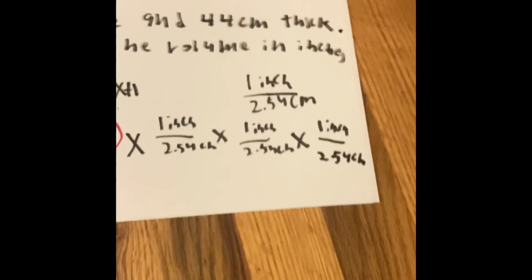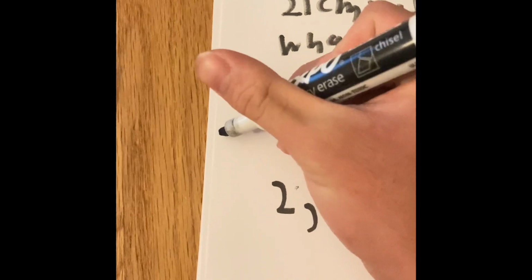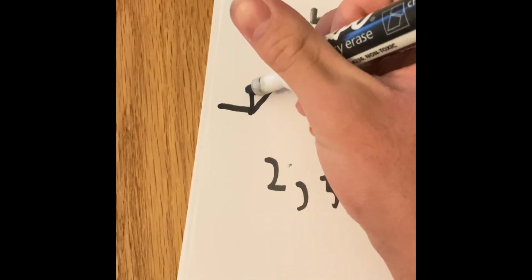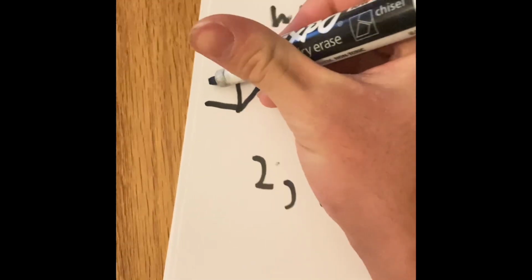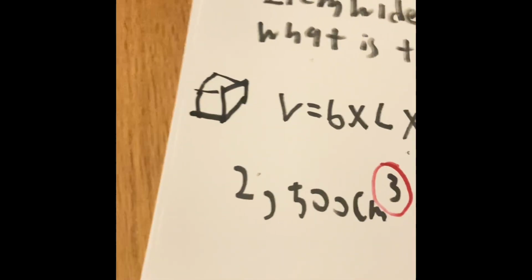We have to do that 3 times because our dimensions were the first, the second, and the third, making a 3D object, sort of like a cube.